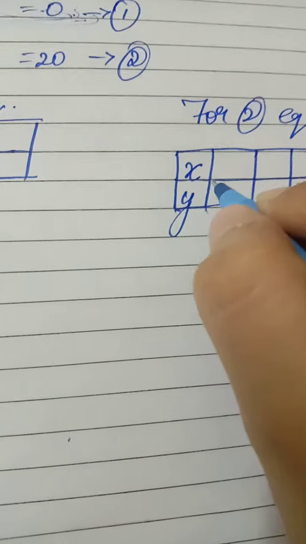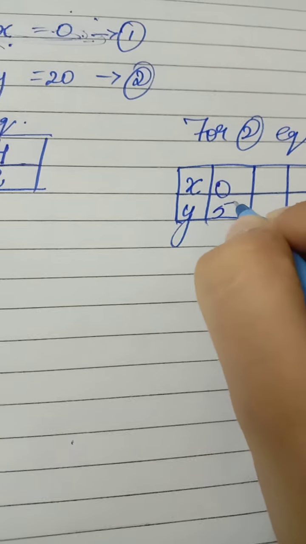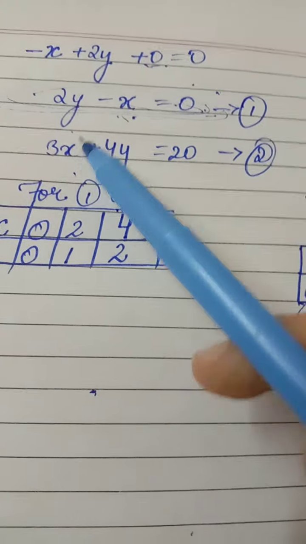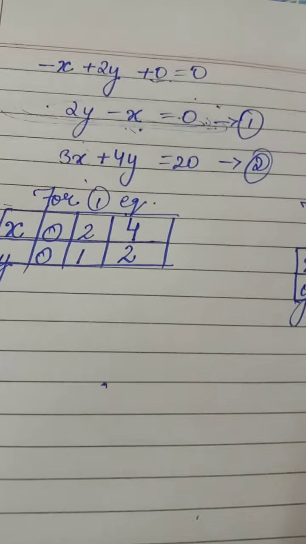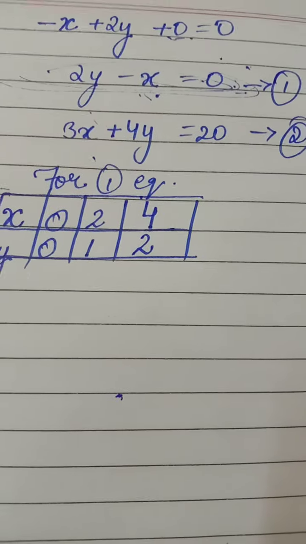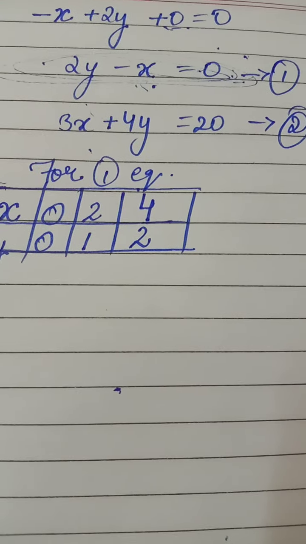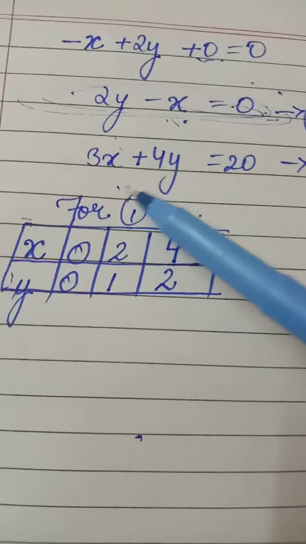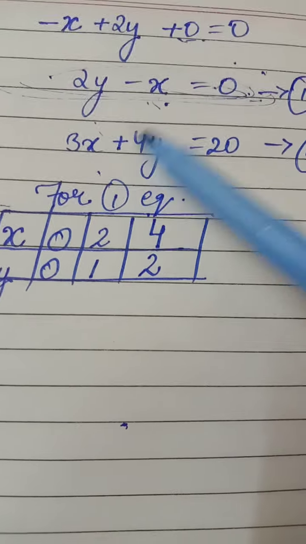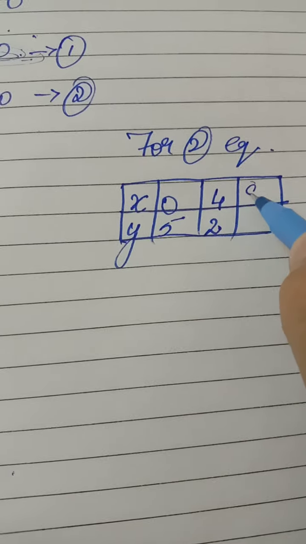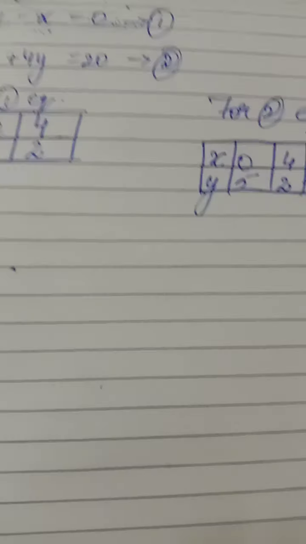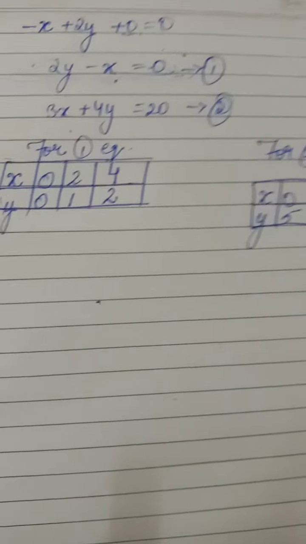So x as 0, y as 5. Then I prefer 4 here. 3 fours are 12, 20 minus 12 is 8, and 8 upon 4 is 2. So 4 and 2. Then we'll take 8 here, so we get y as minus 1. So 8 and minus 1. So these are the solutions we have.